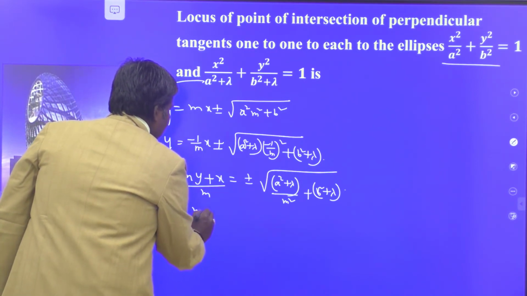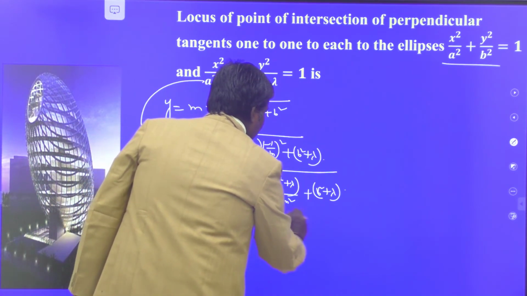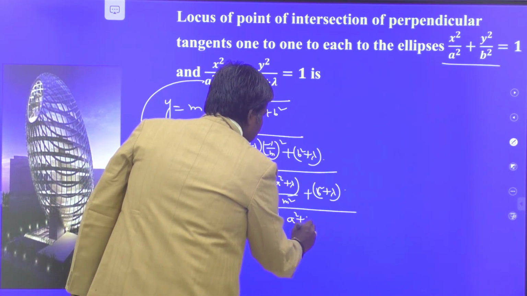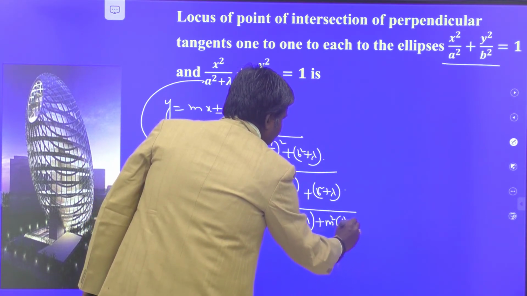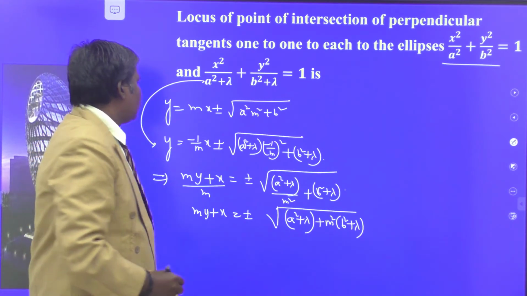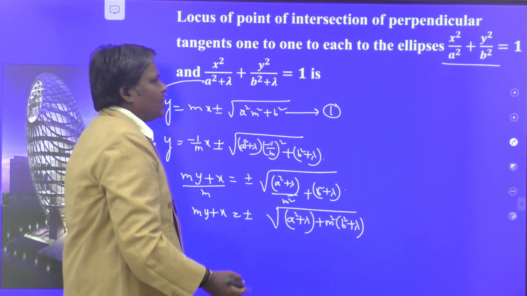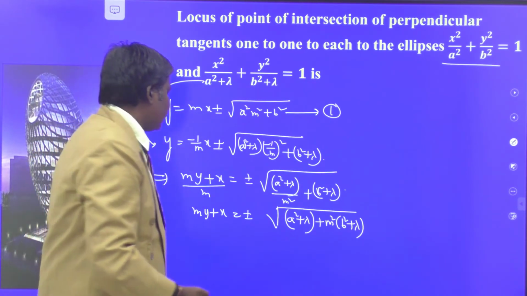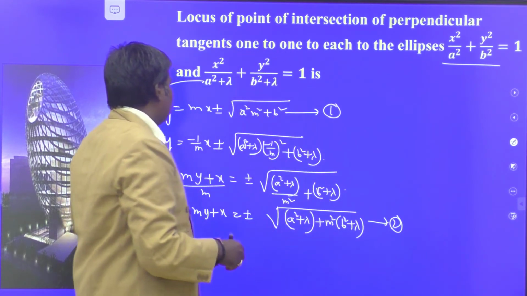So my plus x is equal to plus or minus root of a square plus lambda plus m square times b square plus lambda. M gets cancelled. This is the tangent to the ellipse x square by a square plus y square by b square equal to 1. This is the tangent to the next ellipse that is perpendicular to this one.